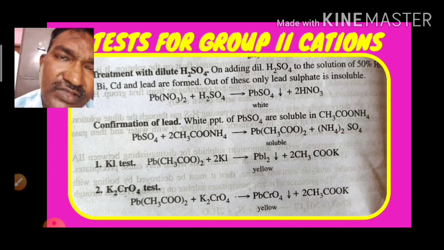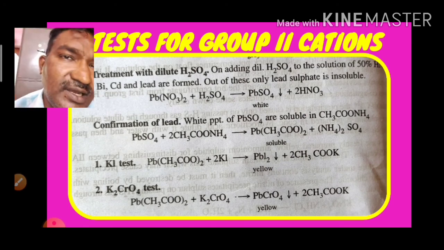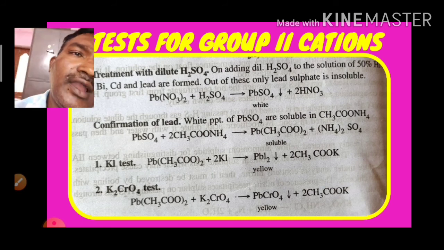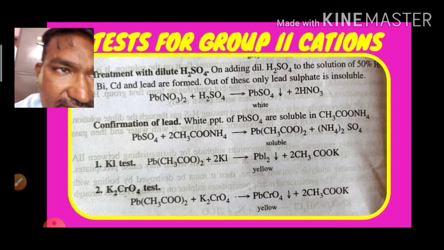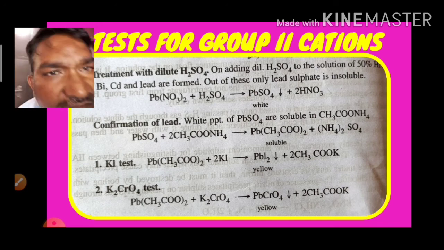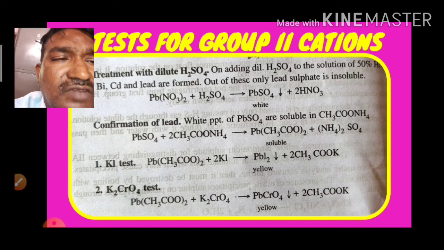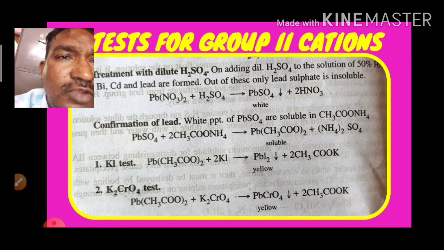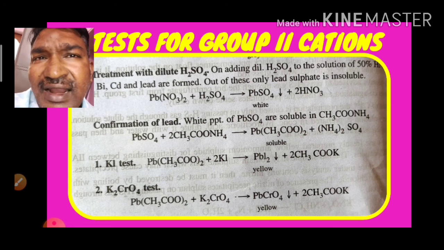If the salt mixture contains lead ions, then we get a white precipitate, that is lead sulfate, and that lead sulfate dissolves in ammonium acetate. So the dissolution of the white color precipitate in ammonium acetate confirms the presence of lead ions. And already we have studied the potassium iodide test and potassium chromate test related to lead.